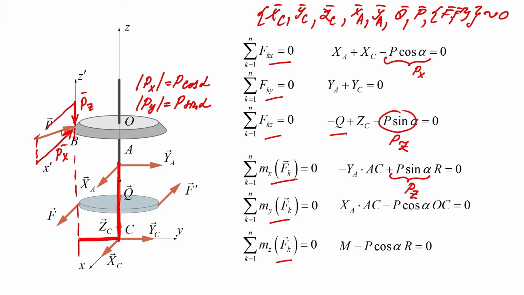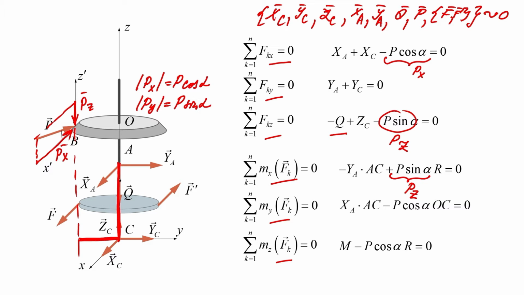Let us write down the moment equations with respect to the axis y. The moment of the components xc, yc, zc, and ya is equal to 0 because the lines of action of these forces cross or are parallel to the axis y.